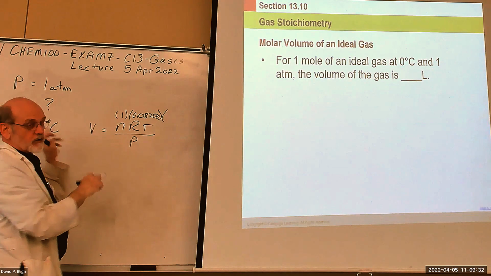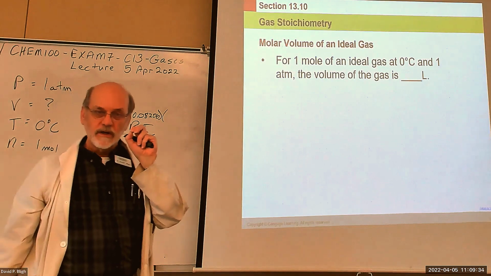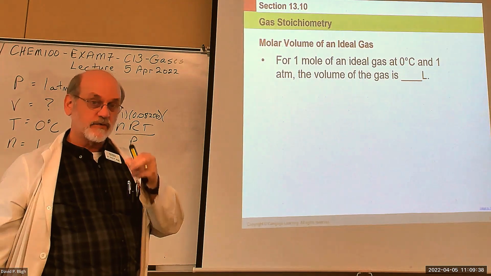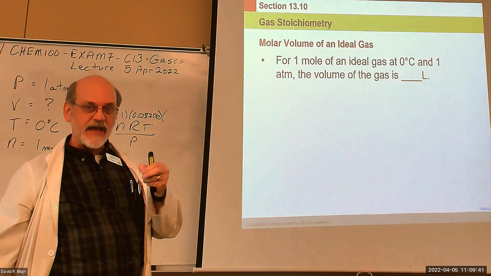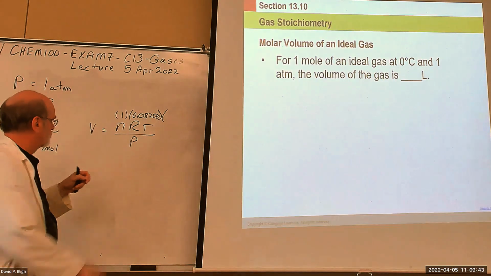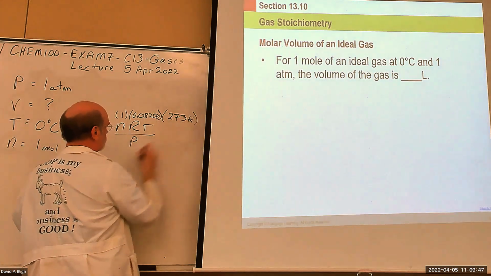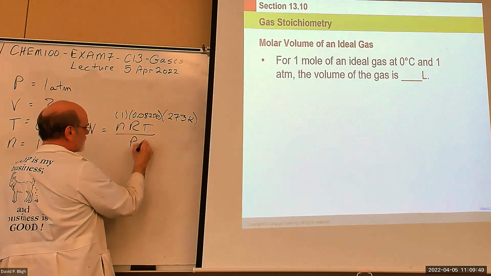And 0 degrees is standard temperature for gases only. For chemical reactions, the standard temperature is 25 degrees C. But for gases, it's 0. So that means 273. Okay. And then pressure is 1 atmosphere.